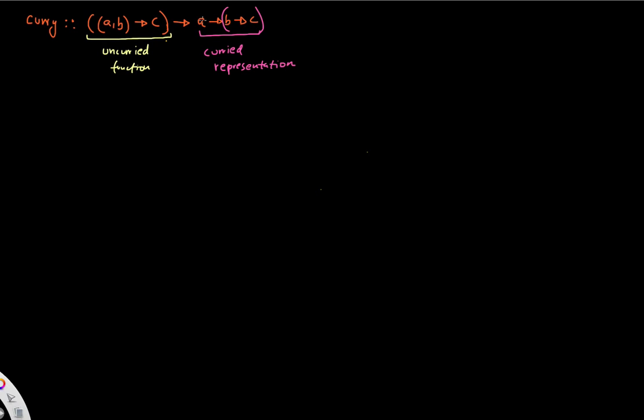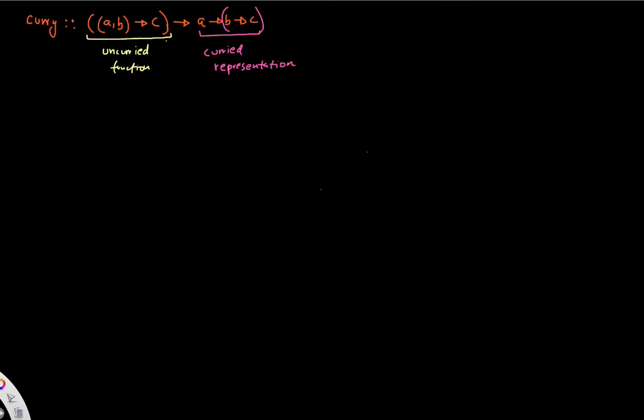So if I give in one parameter, I do get back some function as an output. I do not have to have a and b present at the very start when I call the curried representation of the function. Okay, now what does uncurry do?